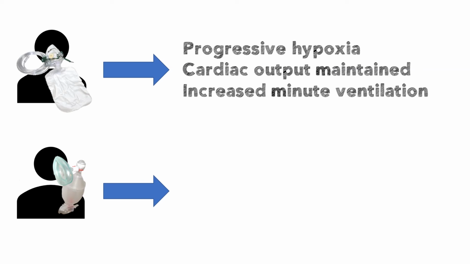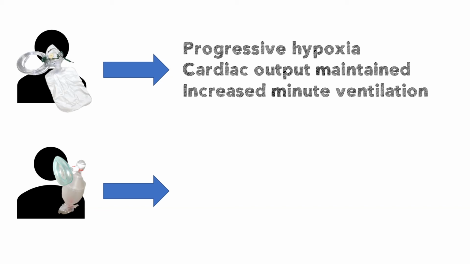So if you are performing a roadside assessment for a patient with chest trauma and they are hypotensive and breathing spontaneously, then you should investigate for another cause of the hypotension.